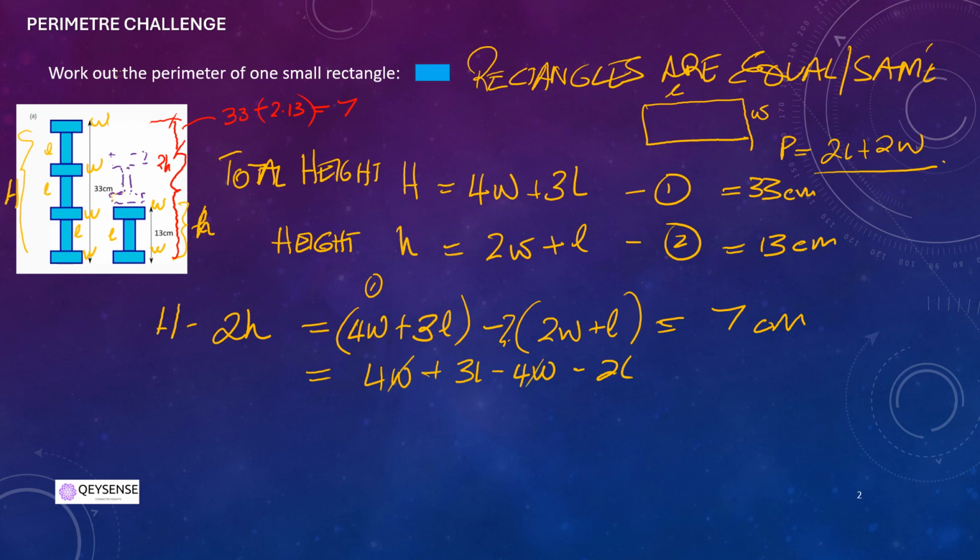Hence, the 4W's cancel out, and 3L minus 2L is L. So therefore, L equals 7 centimeters.